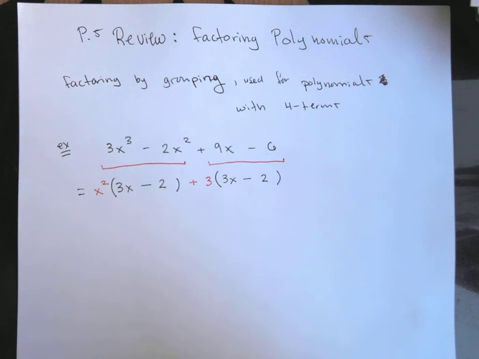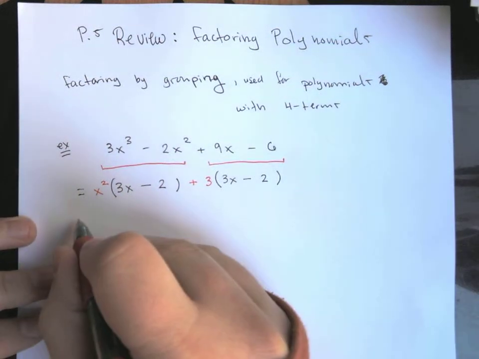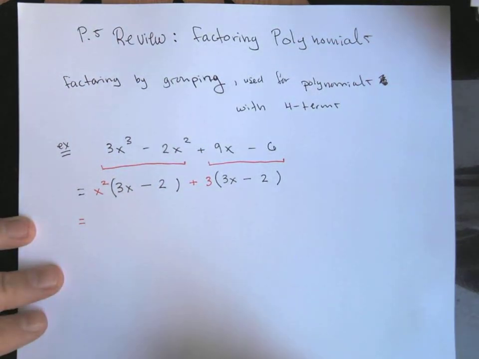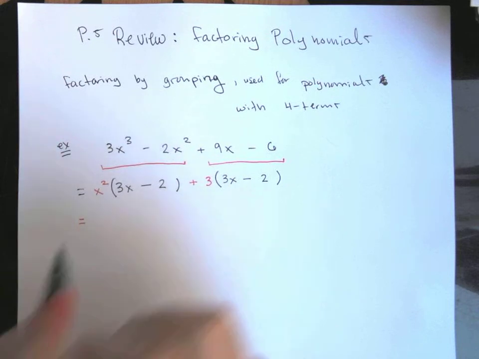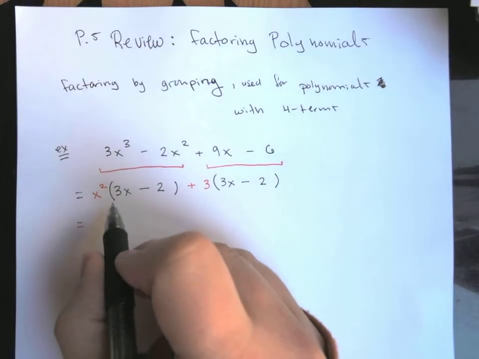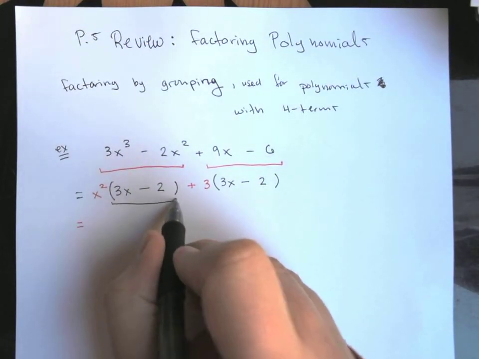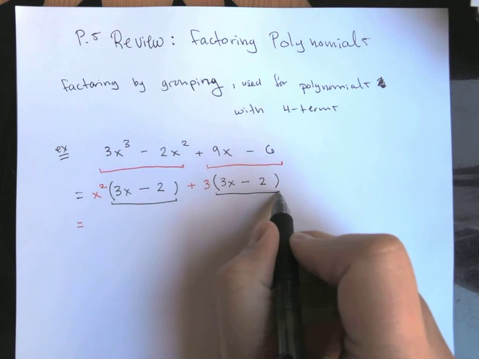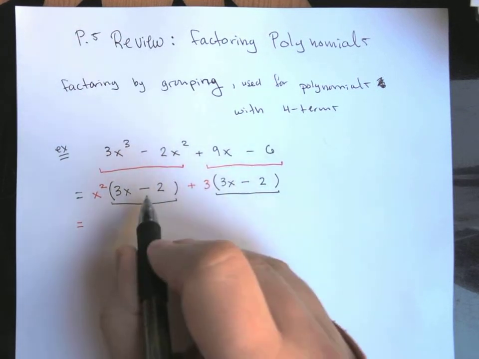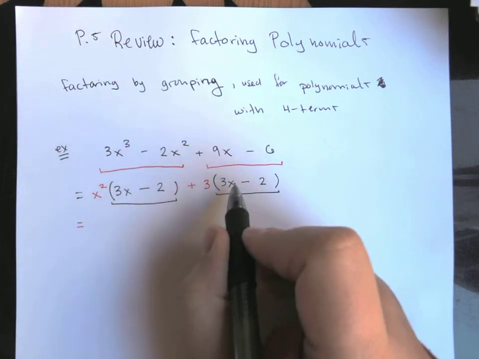Once we've done this, the idea is 3x minus 2 and 3x minus 2. These guys match. And so mentally what we're thinking is this is now a common term, a common expression.